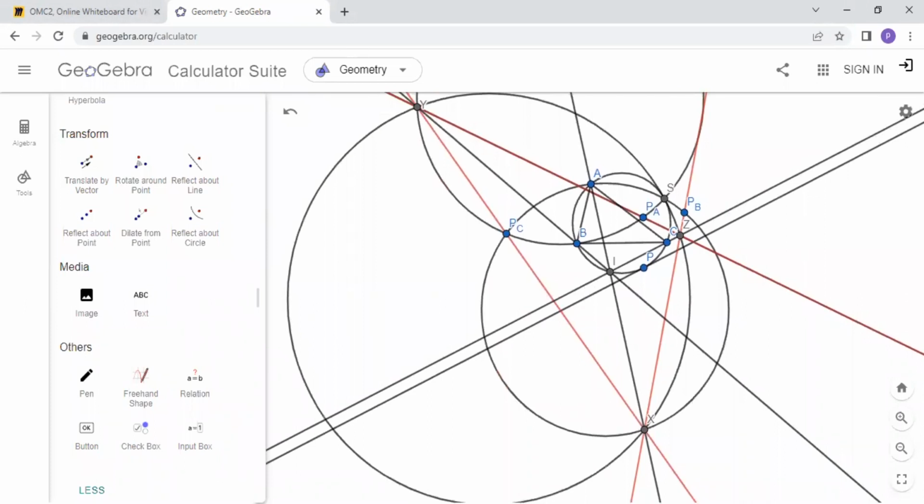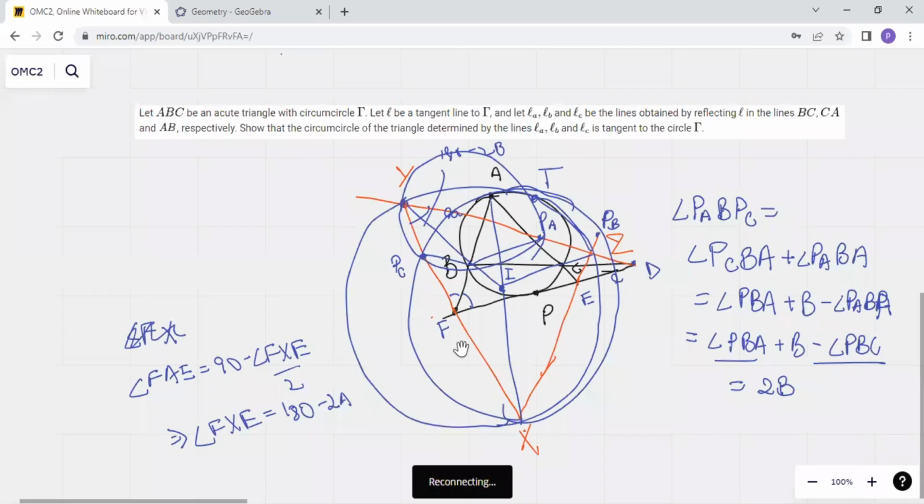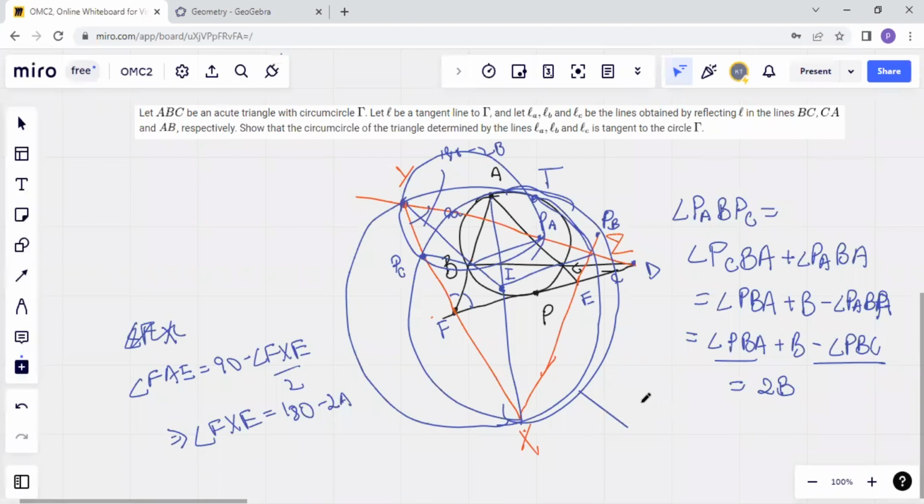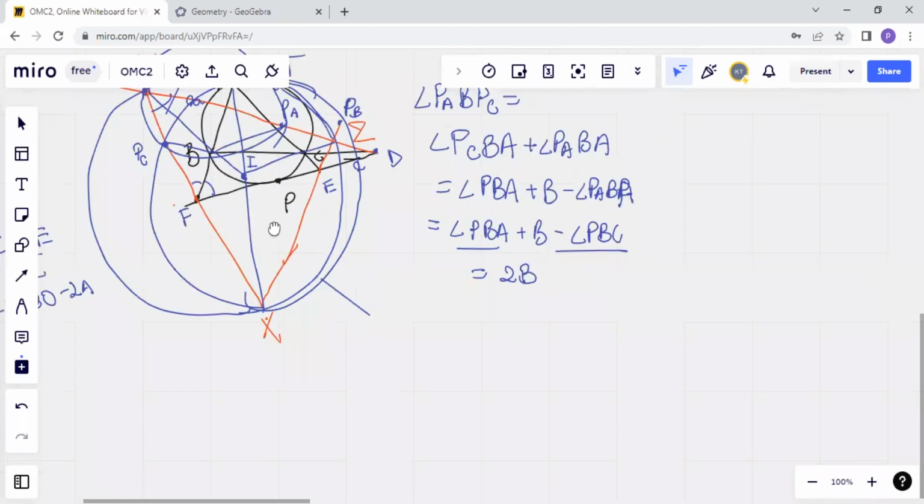I'll just try to take this diagram because it's much easier to write it. One second.